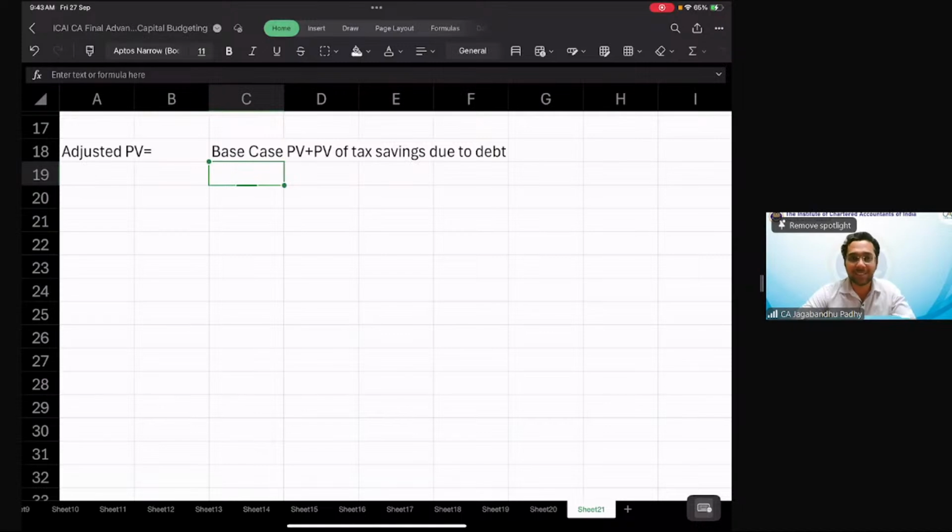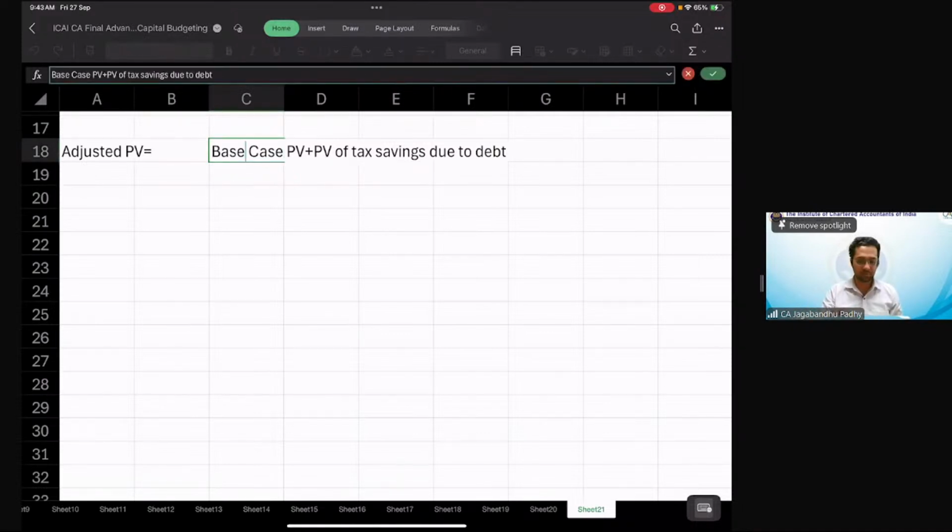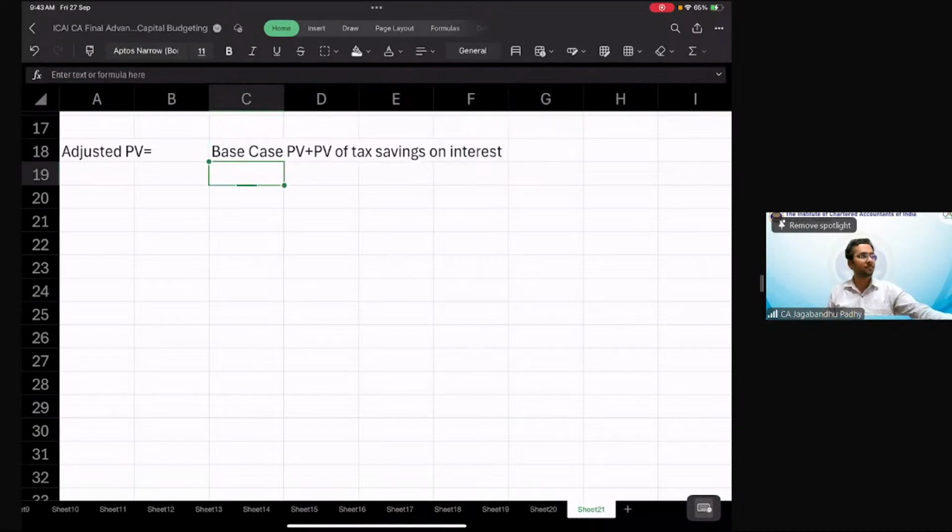So it's going to be base case PV plus PV of tax benefit on interest. So adjusted PV is base case PV plus PV of tax savings on interest.